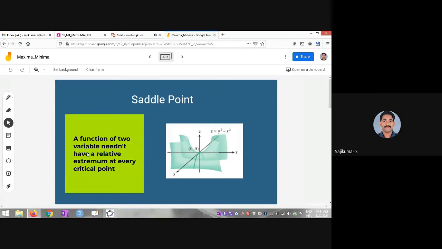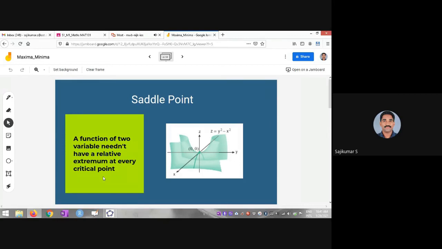A function of two variables need not have a relative extremum at every critical point. That is another idea. We have seen that at a relative extremum the point is a critical point, but the converse is that a function of two variables need not have a relative extremum at every critical point.